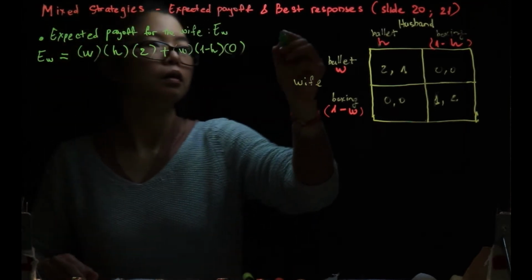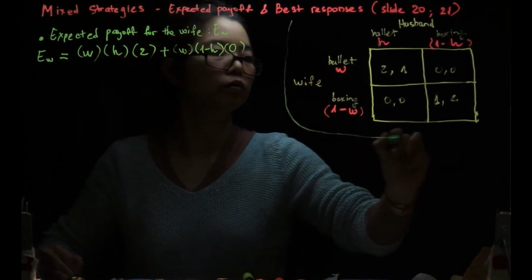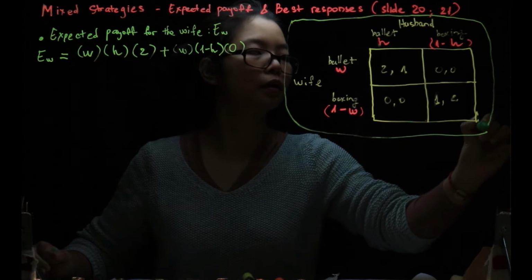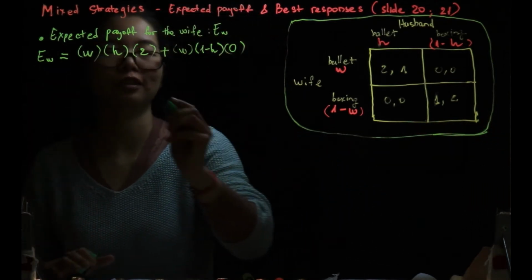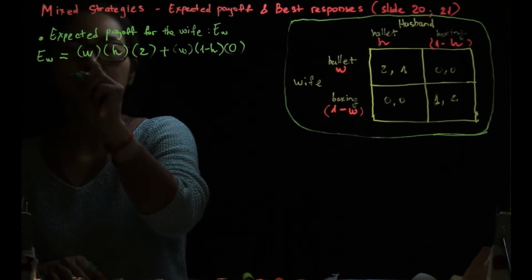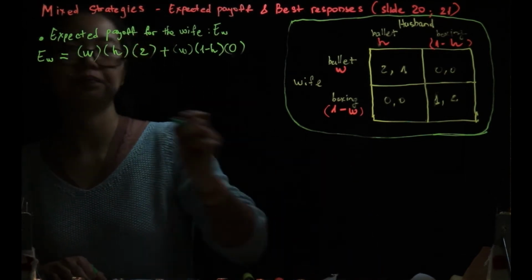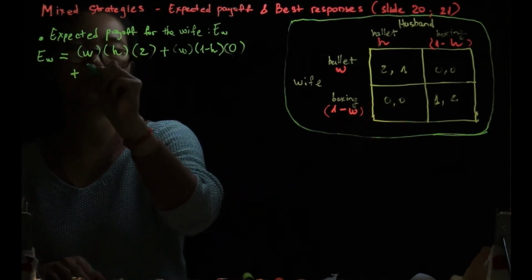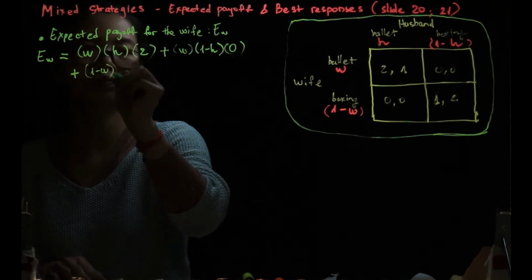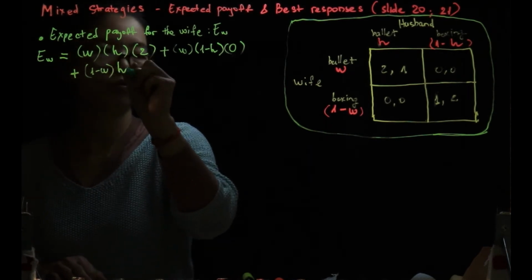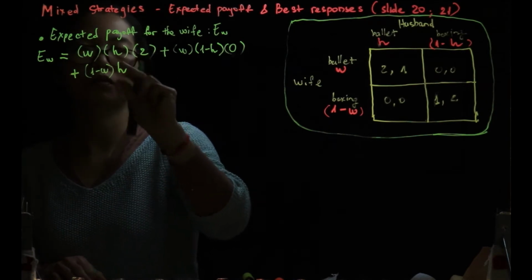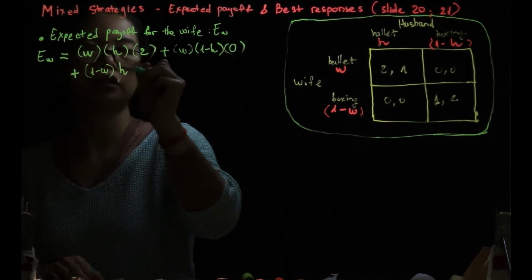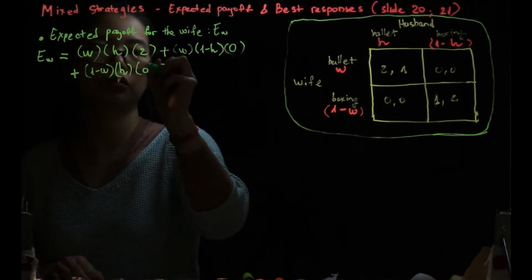Let's make again the border over here so I don't mess them up. It's like a thought in your head now. Plus, the next scenario, she wants to go for boxing, 1 minus W, and then her husband wants to go for Bartlett, so H times 0.